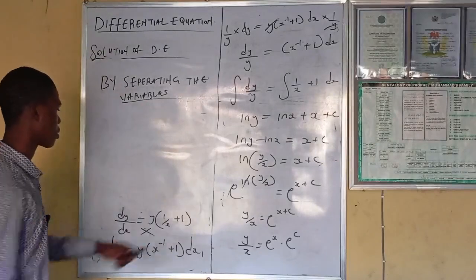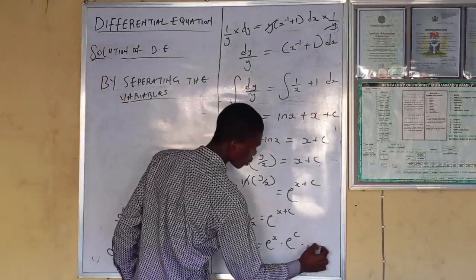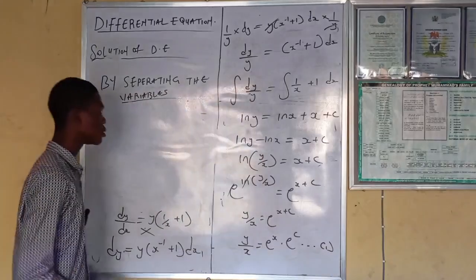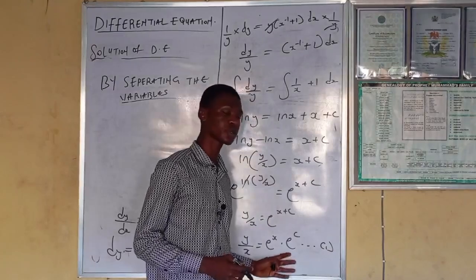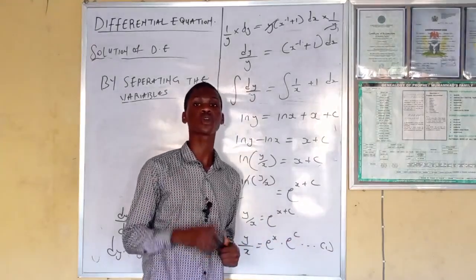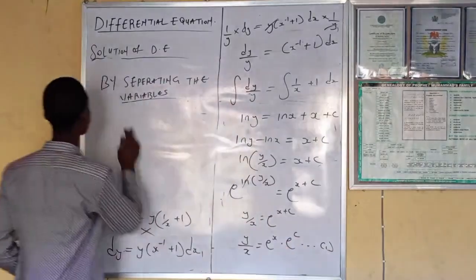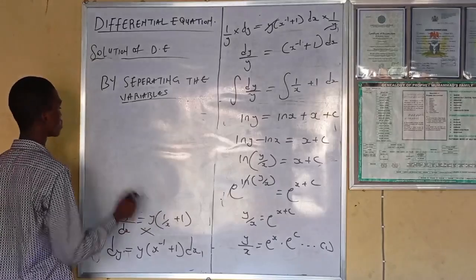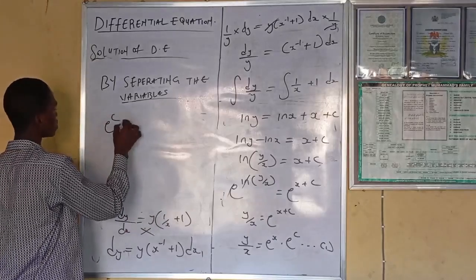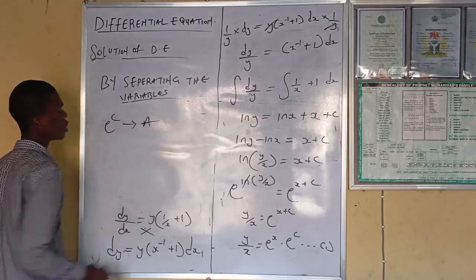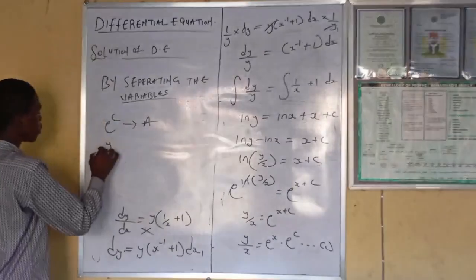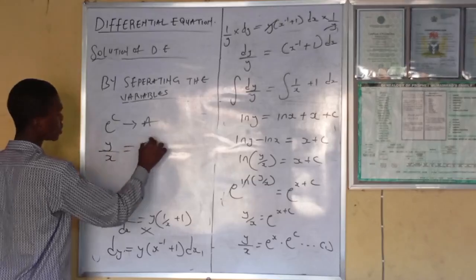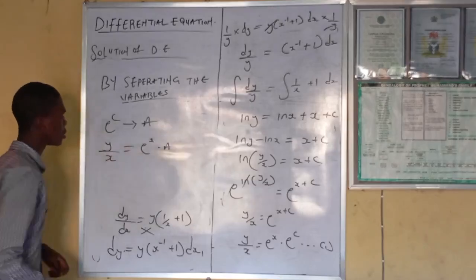Call this equation 1. From 1, since we know that exponential raised to the power of c is a constant, let's make the suggestion that exponential c be a, or any value of your choice, but I'm going with a here. So I'm having y over x equals exponential x times a.